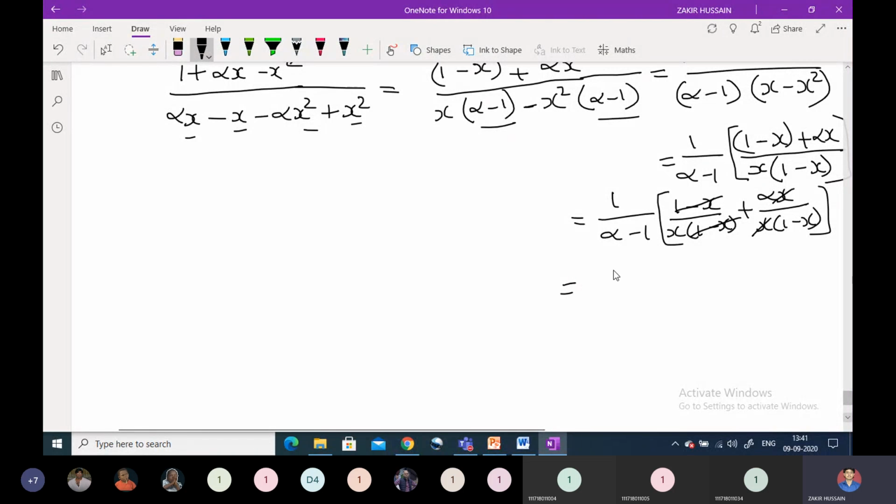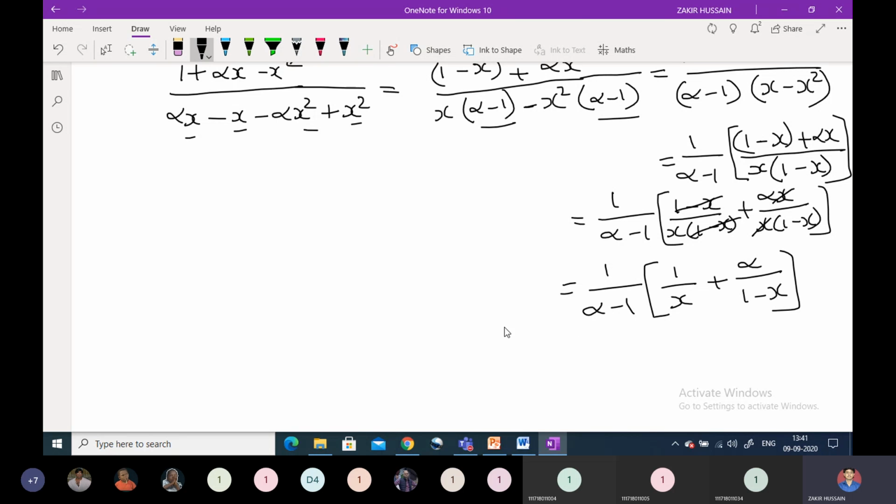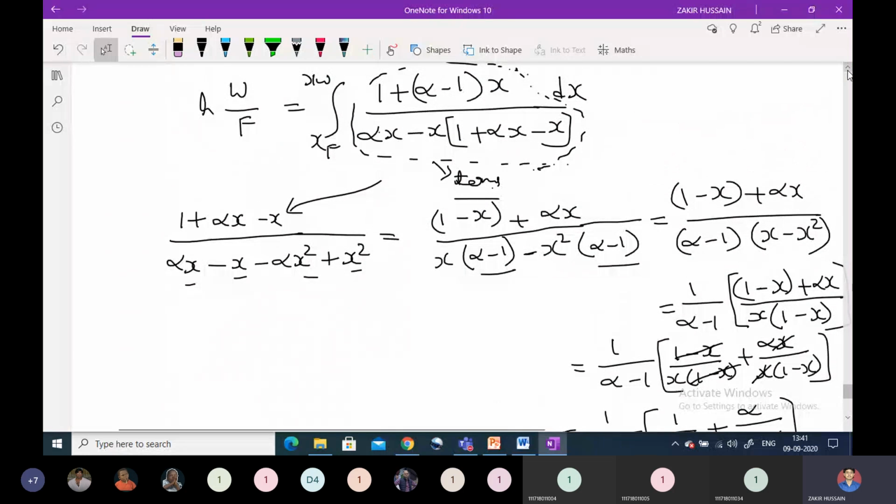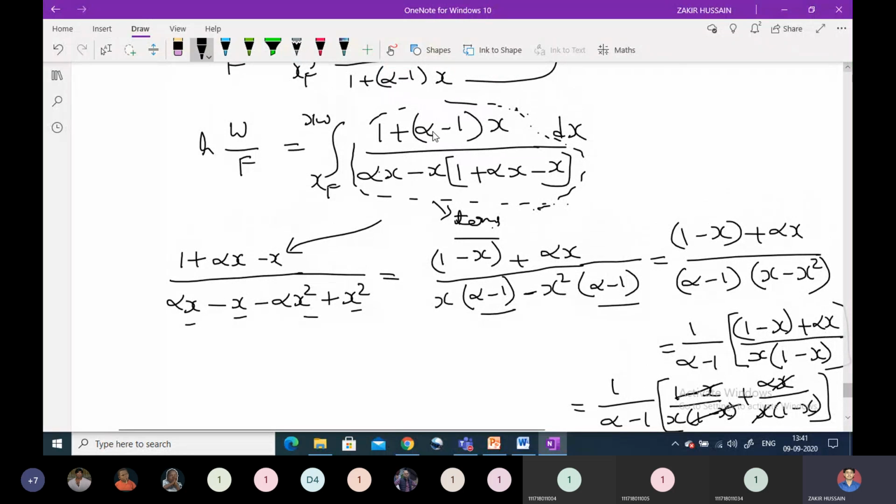So now it will be 1 by alpha minus 1 into, here only 1 by x is left, plus here only alpha by 1 minus x is left. So this is the term. This term we need to substitute over there. So this whole term, whatever we obtain, we need to substitute here, into dx.